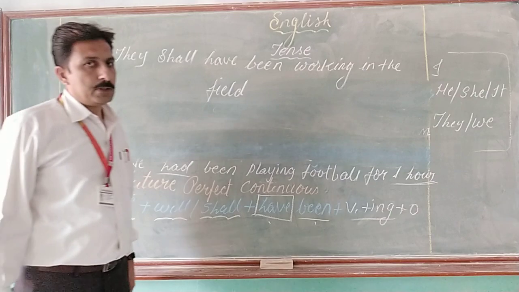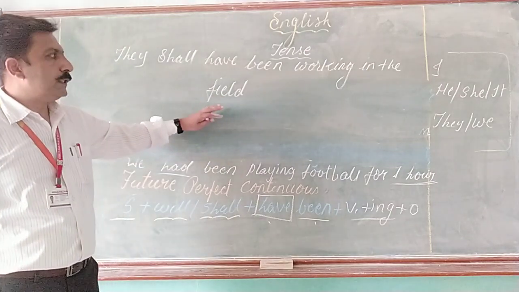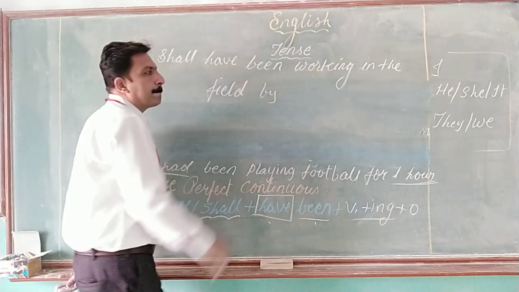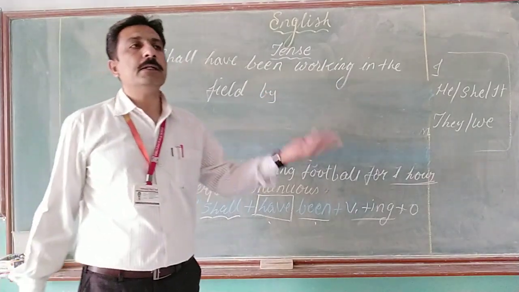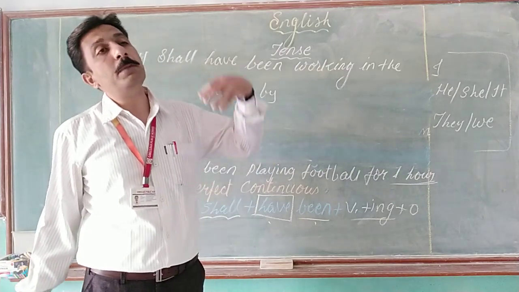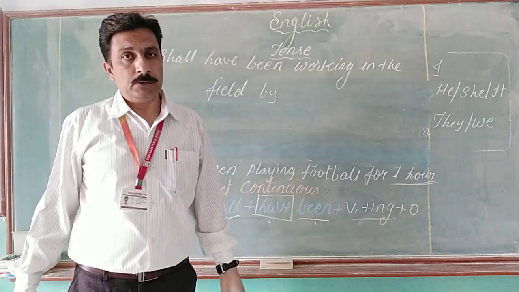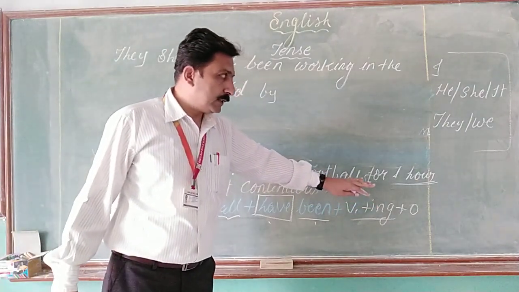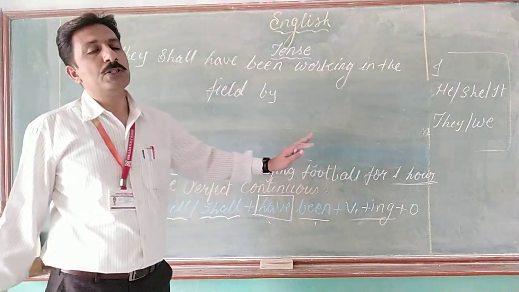Now usually in future tense we use the word "by", because we tell by what time they shall be doing it. It is in the future, it will be going on. When the work started is not of that much importance.